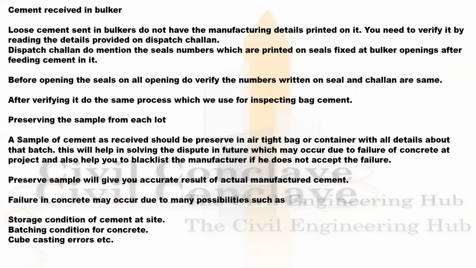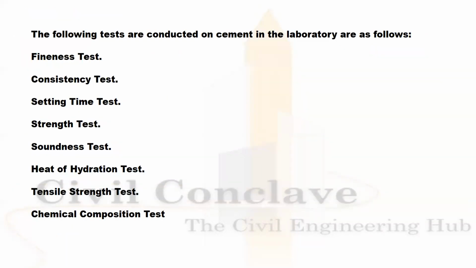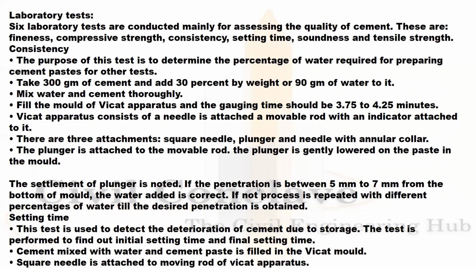Failure in concreting may occur due to many possibilities such as storage conditions, batching conditions, cube casting error, etc. The following tests are conducted on cement at the laboratory: fineness test, consistency test, setting time, strength test, soundness, heat of hydration, tensile strength, chemical composition test.